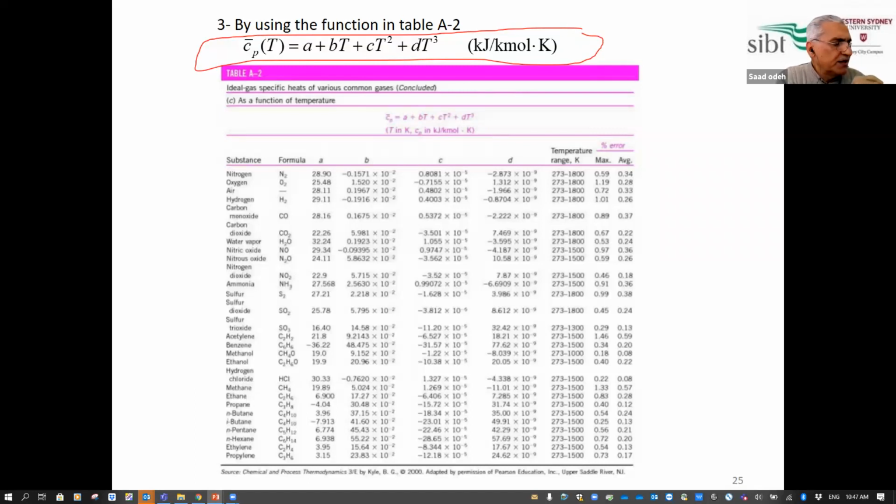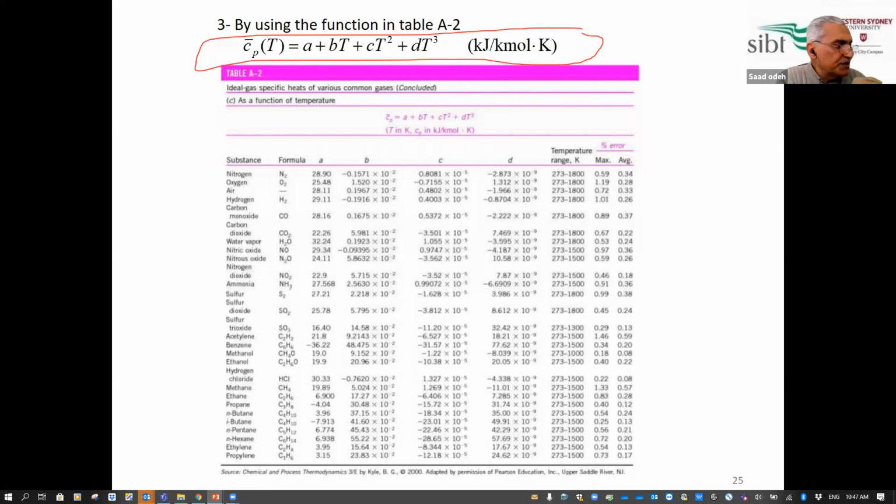What happens here is that this equation gives you values for constants. As you can see, Cp is equal to A plus B T plus C T squared plus D T to the power 3. And A, B, C, D are all constants.